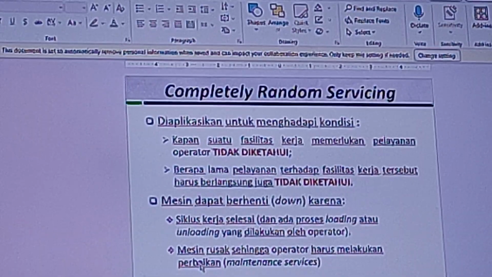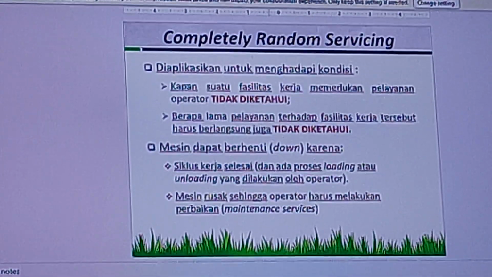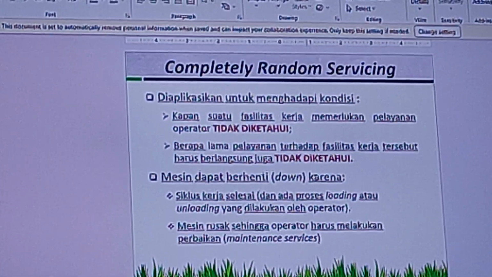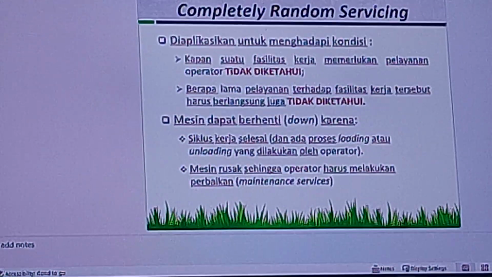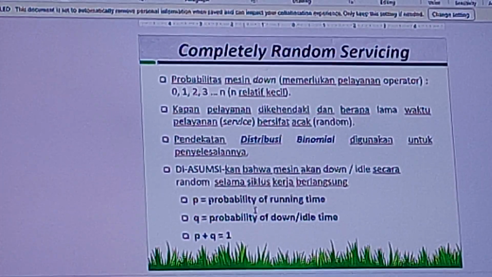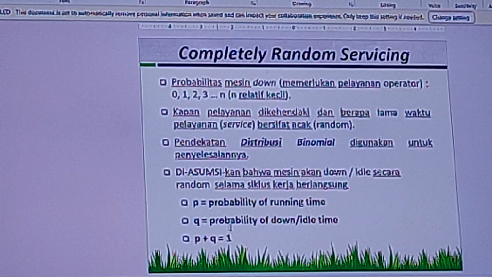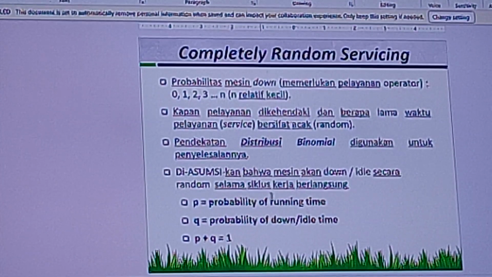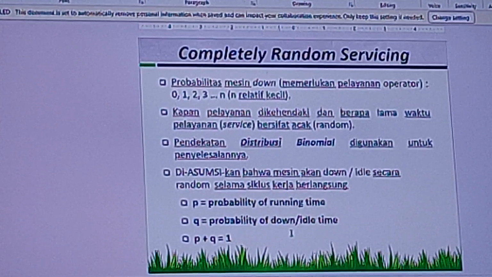For the second, in completely random servicing, we will decide the problem based on probability. Sometimes we know that for the probability, we use a binomial distribution. For the binomial distribution, suppose that the machine will run, and suppose that the machine will idle.